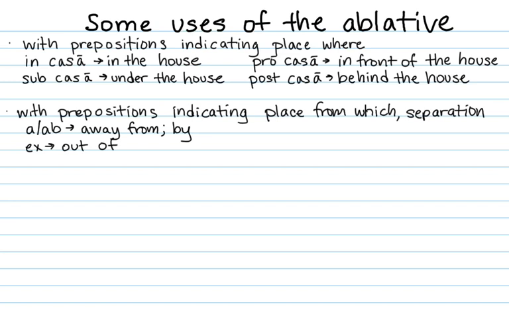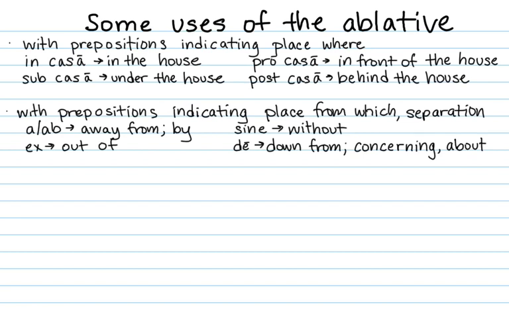Ex means out of, and it takes the ablative. Sine means without, that shows separation, takes the ablative. De can mean down from, that shows you place from which, takes the ablative. There's another meaning of de, meaning concerning or about, does not include any connotations of place from which or separation, but it does still take the ablative when it means concerning or about.